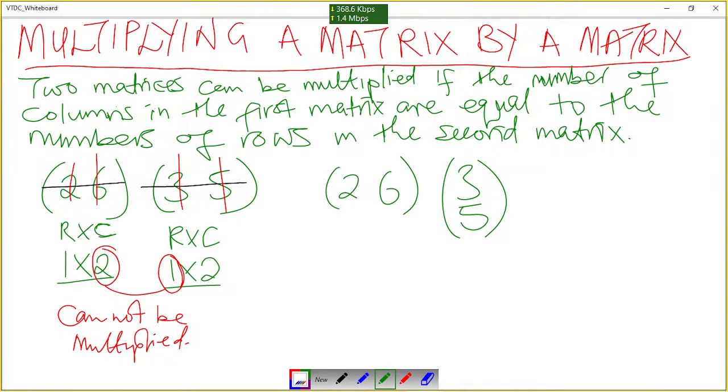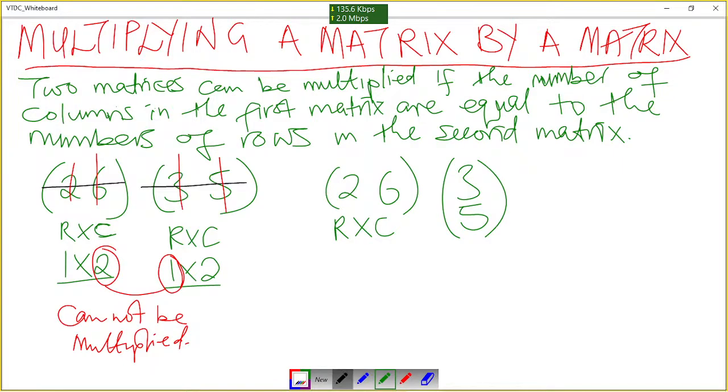Okay, so what did you deduce? Can these matrices be multiplied? Let's find out. Like we said earlier, when you are writing the order of a matrix, we start with rows, then columns.